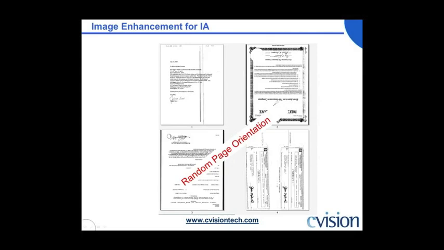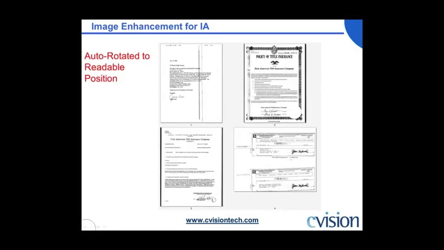We also talk a little bit about image enhancement that we do within our PDF Optimizer for IA. Sometimes we get clients with documents that are in the wrong order. There are about 20 different features that we offer, quite a lot in the way of image enhancement, and Steve may talk to some of that later during the demo. But just to go through one feature here, which is auto-rotate to readable.